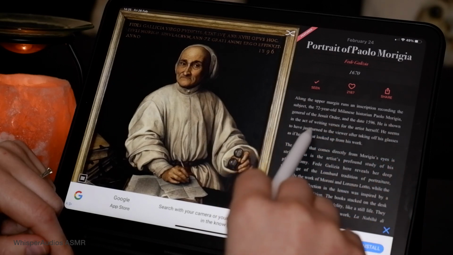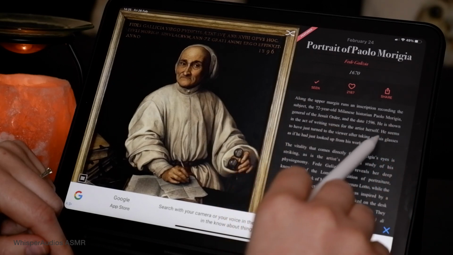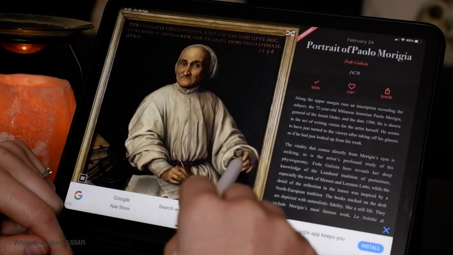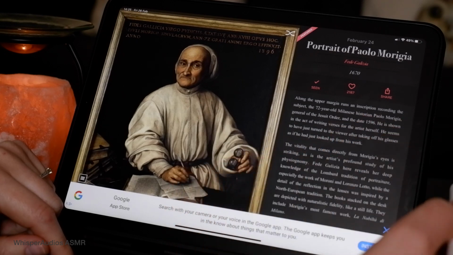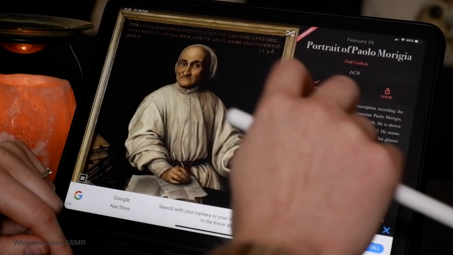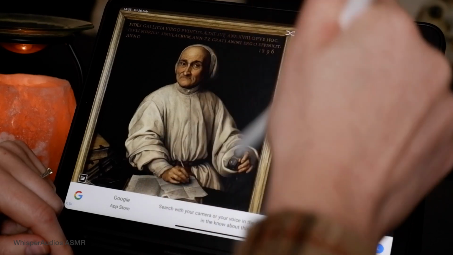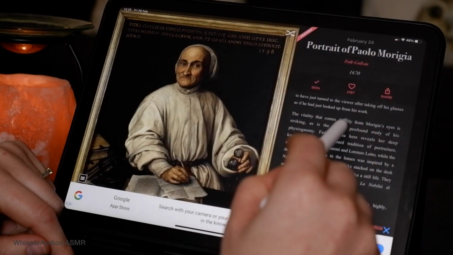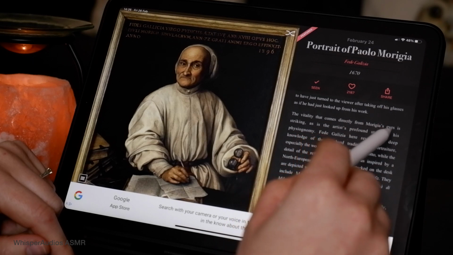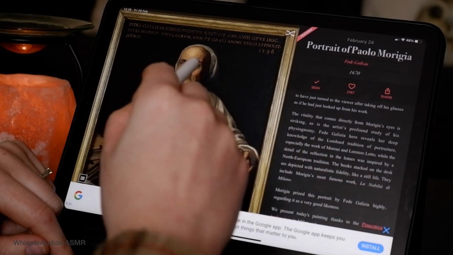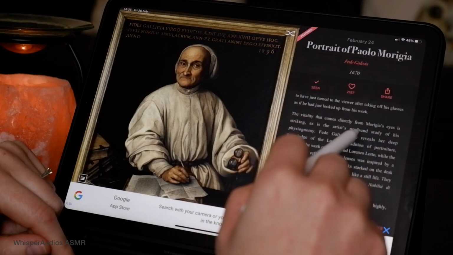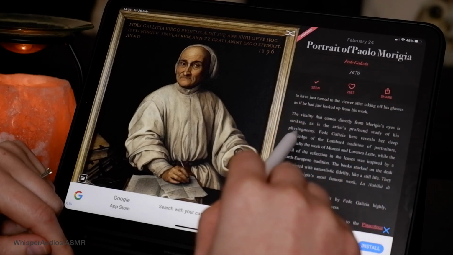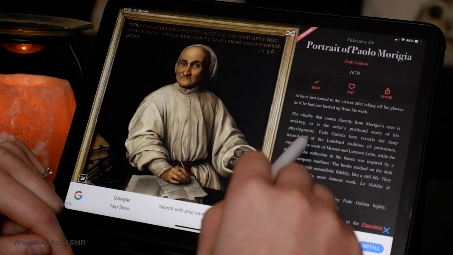He seems to have just turned to the viewer after taking off his glasses, as if he had just looked up from his work. The vitality that comes directly from Morriga's eyes is striking, definitely, as is the artist's profound study of his physiognomy.